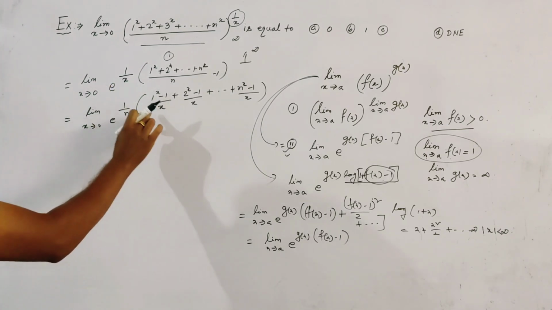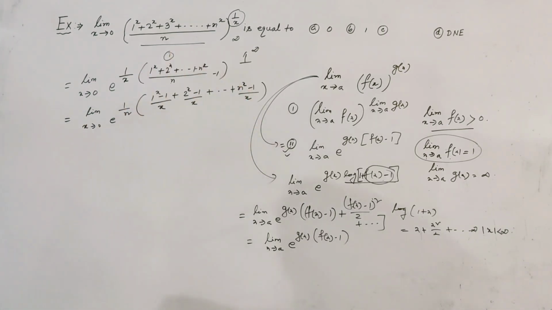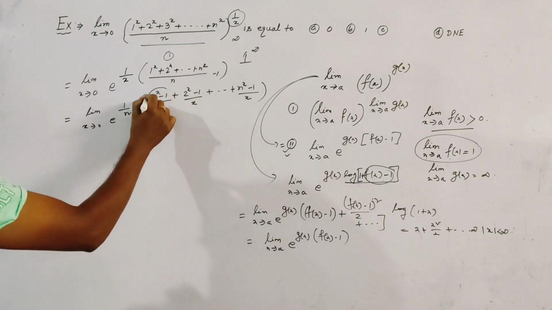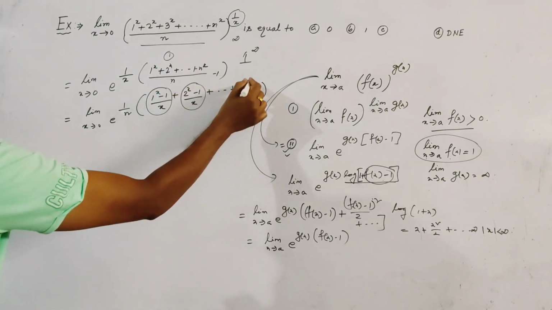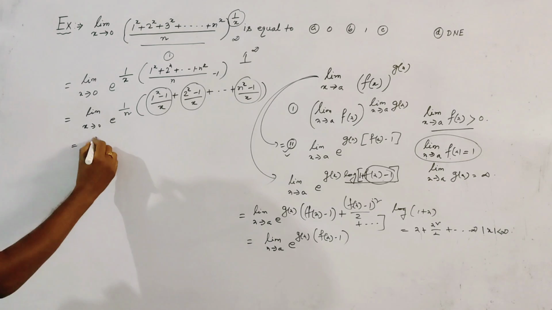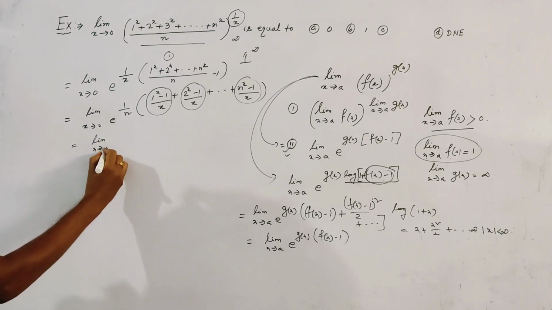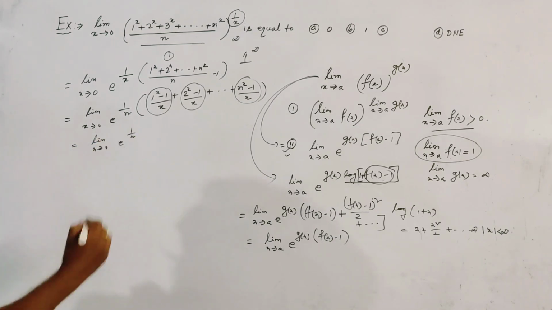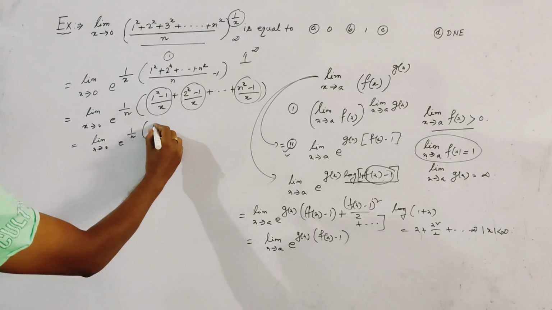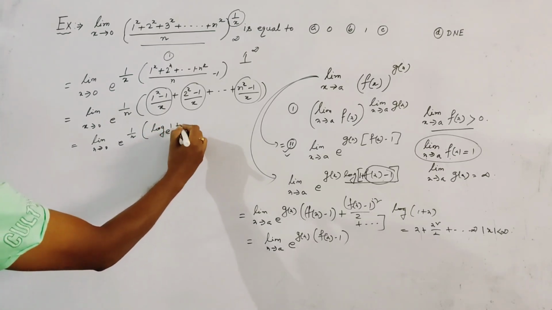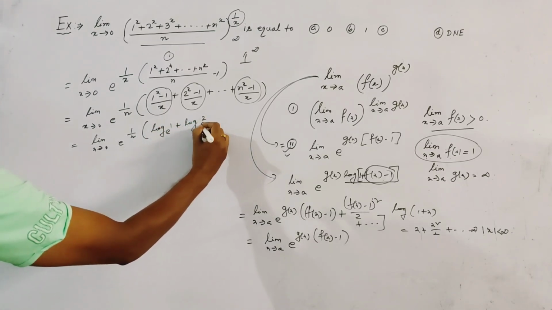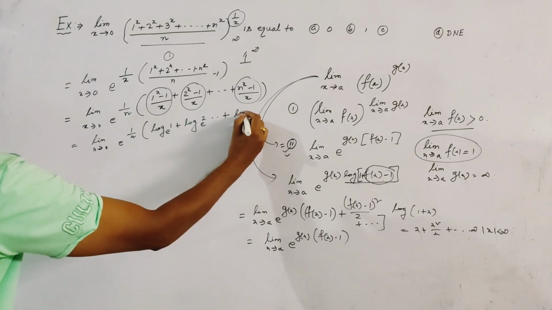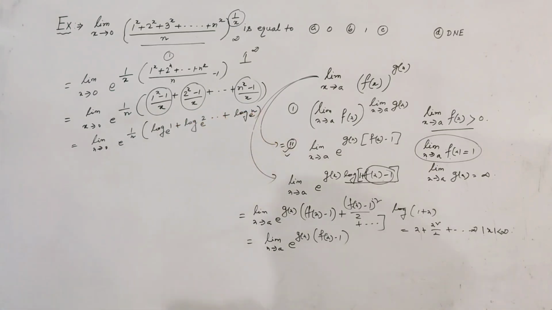We write x in each denominator and n outside of the bracket, because if we take the LCM of n it is given by n. And we know the formula of this limit, and we get limit x tends to 0 of e to the power (1 by n) times (log 1 plus log 2 and so on plus log n).